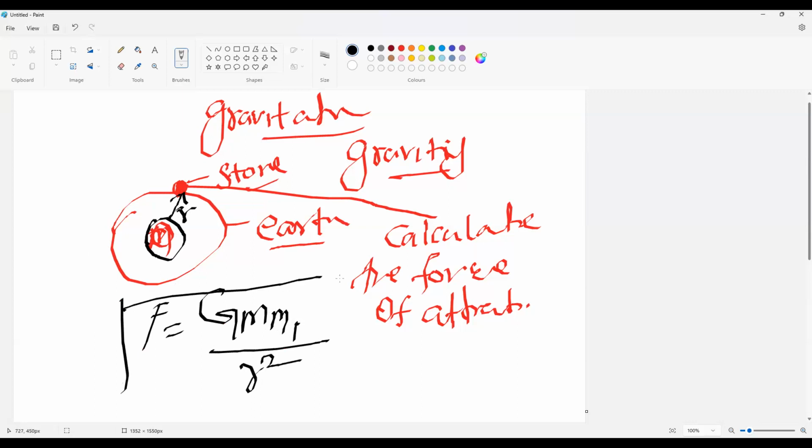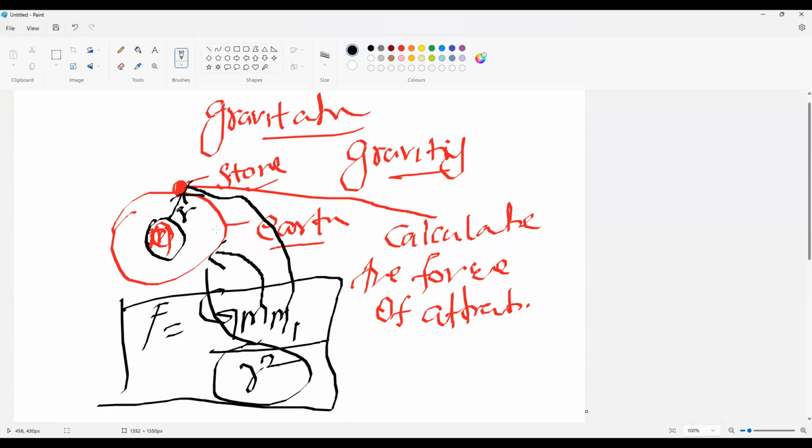Can I write like this? M1 is the mass of this stone. R square is the radius squared. Understood now how R square has come?